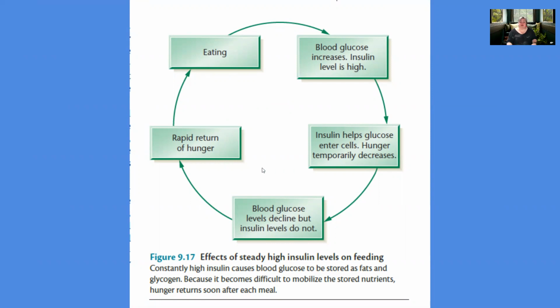So when we have too much insulin, it shows here that there's a more rapid return to hunger, because these different pieces, the glucose, glucagon, insulin, are not really working together in the way that we just saw in the other diagram. So the blood glucose increases, the insulin level is already high, and the insulin helps glucose enter the cells, but the blood glucose levels decline, but not the insulin level. So it stays high, so then the hunger will return more quickly.